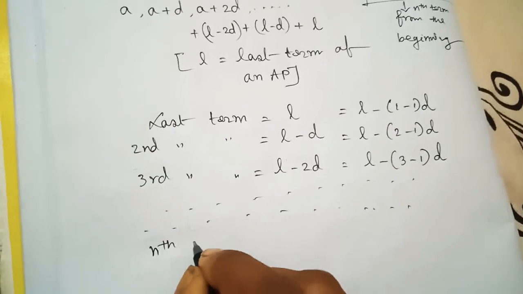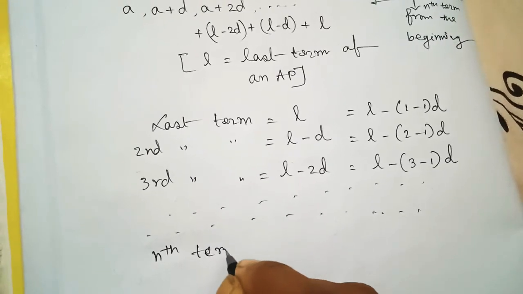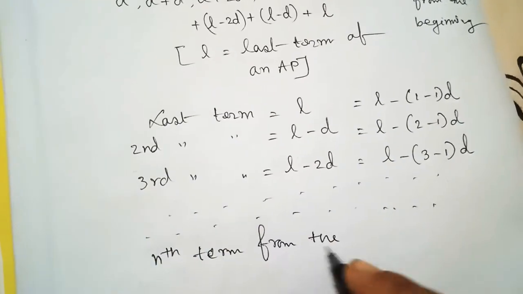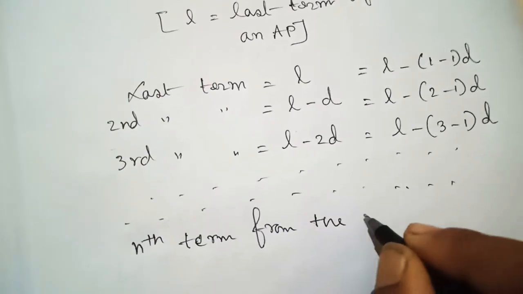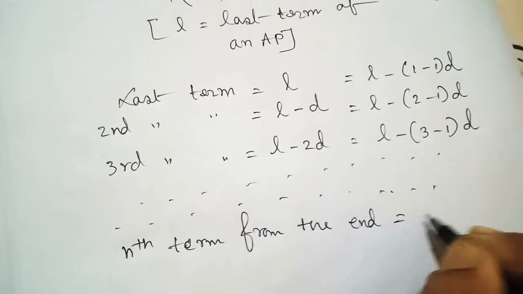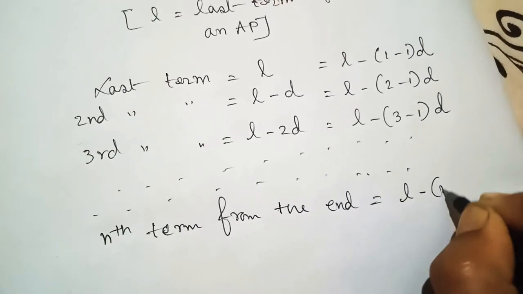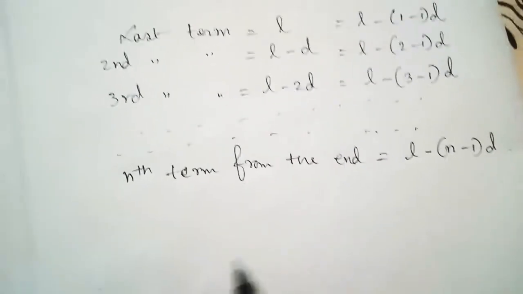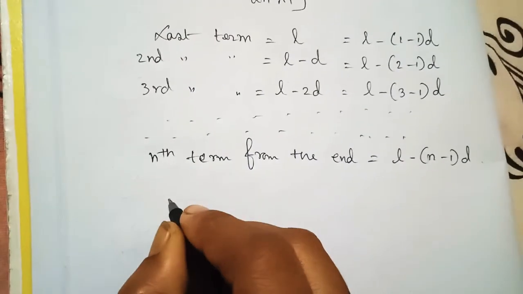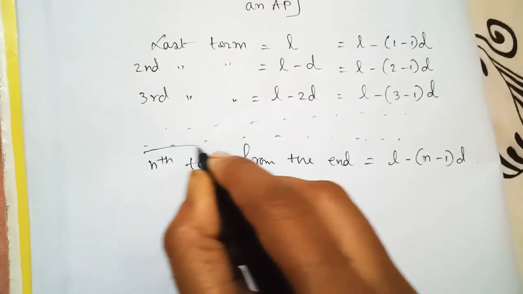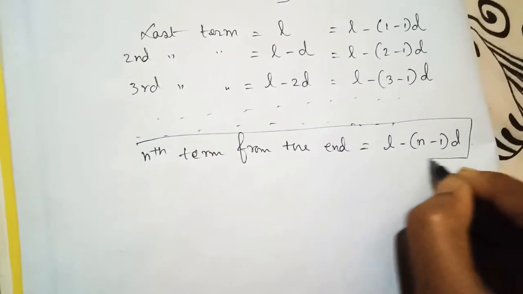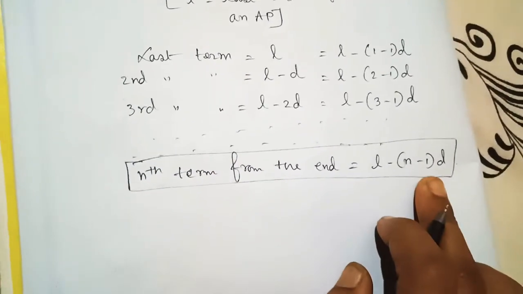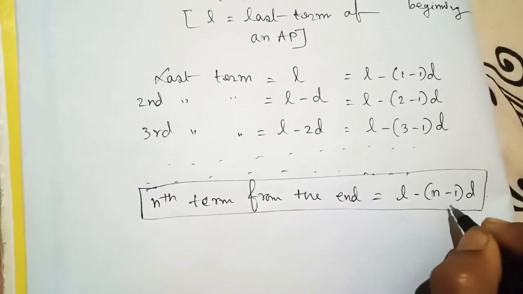So the nth term from the end, or you can write the nth last term, equals L minus (n minus 1) into d. Right? So we have got this one. The nth term from the end equals L minus (n minus 1) into d. This is one formula.